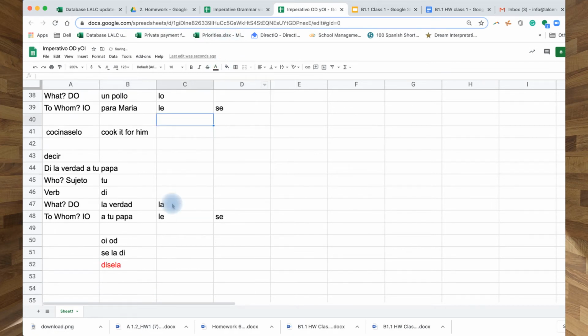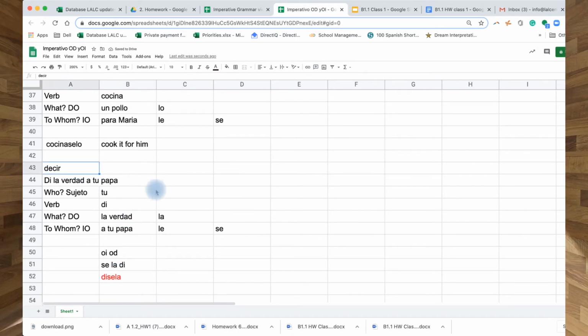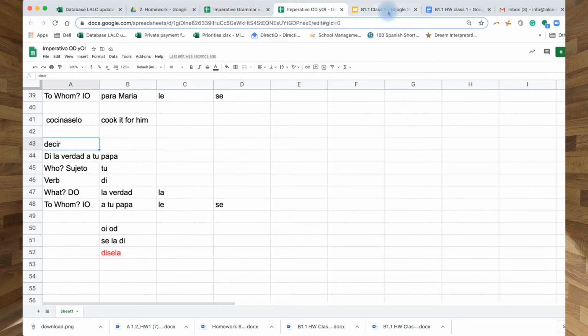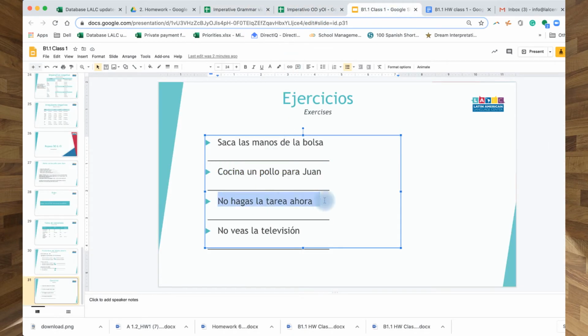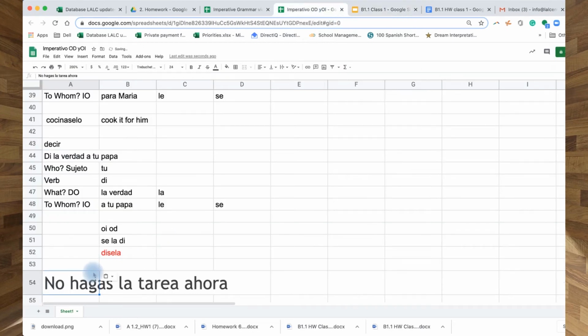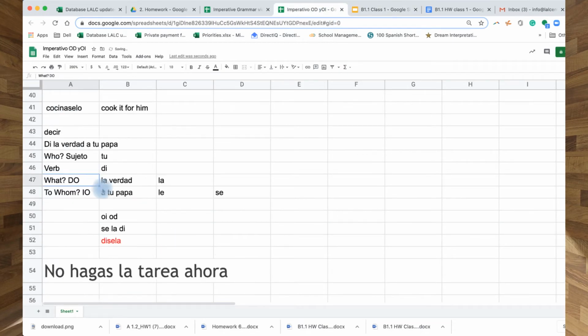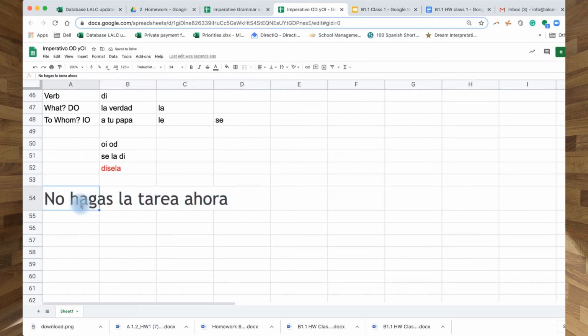So now, in the negatives, you don't have to do this. In the negatives, it follows the same order as the other verbs. So, por ejemplo, no hagas la tarea por tu amigo, whatever. In this case it goes the same.